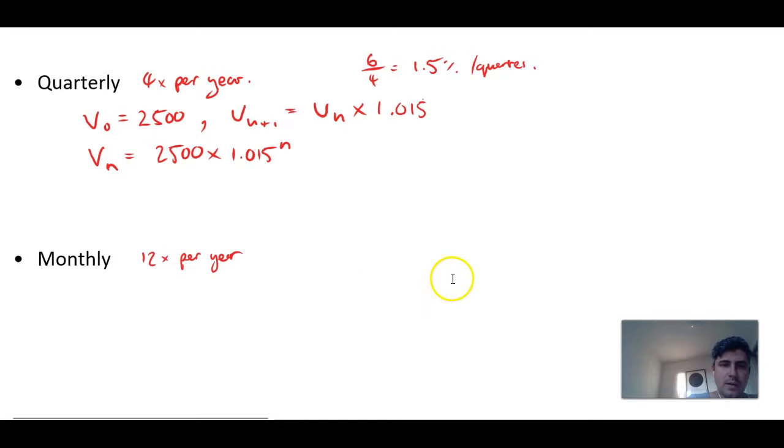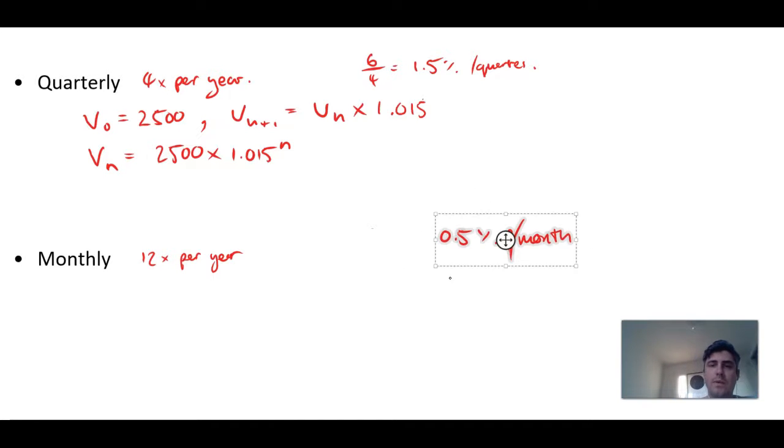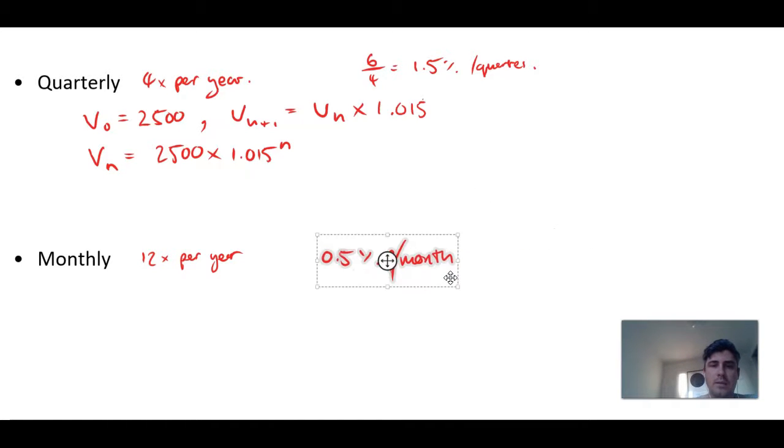Lastly, we're going to do monthly, so this is 12 times per year. So instead of it being 6%, divide that by 12, you get 0.5% per month. So they do it much more frequently, but with a much smaller percentage.